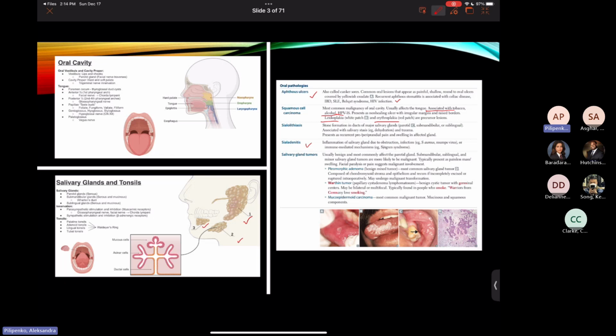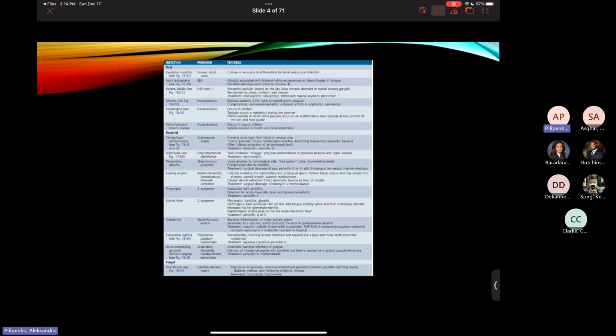Those tumors that are listed here are the ones we will most likely be tested on. This is just the overview of the microbiology, and you guys already did that, but those are some microorganisms that can cause problems in the facial and oral area.